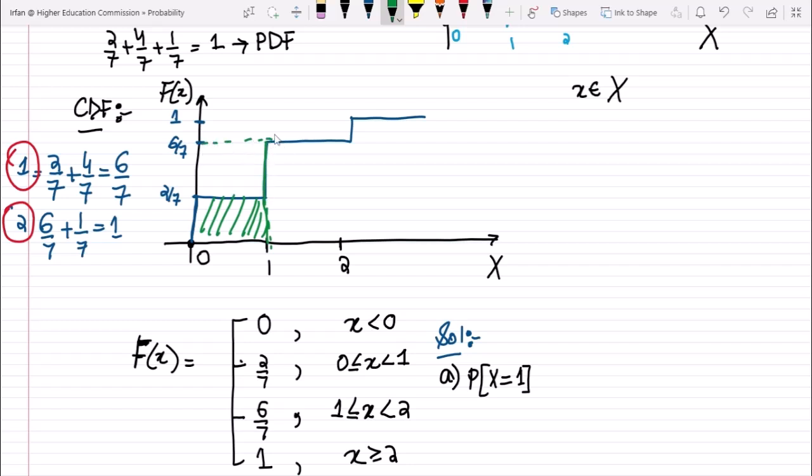This value minus the value of this one will be the value which is here. Because this is a CDF plot, and in a CDF plot all the values are basically cumulative.